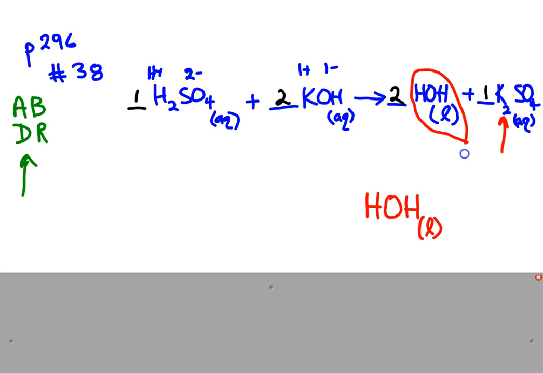Why is he a salt? What makes a salt? Metal and non-metal. So potassium's our metal, and sulfate is made up of oxygen and sulfur, both of which are non-metals. Yeah? So we're good?